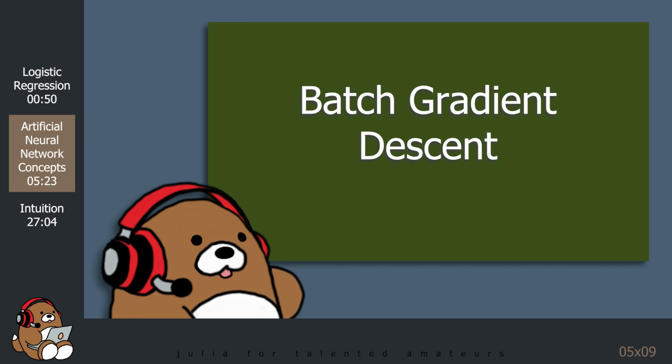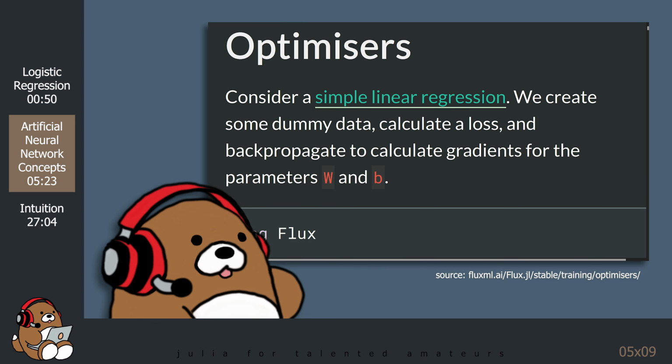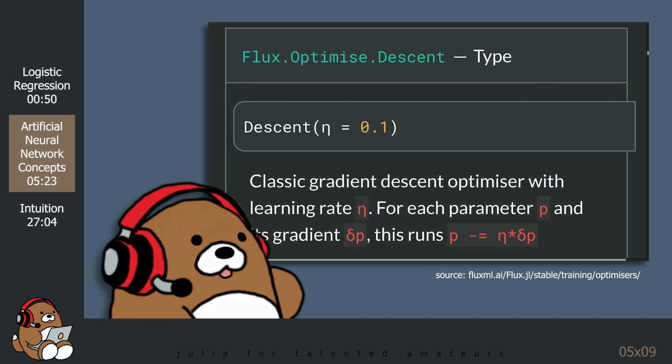In the past, we've used batch gradient descent, but there are many different types of optimization algorithms. You can view the optimizers supported by the Flux.jl package in the Flux documentation. In Flux, the optimizer called Descent is the classic gradient optimizer.